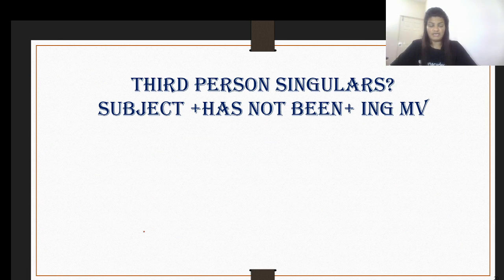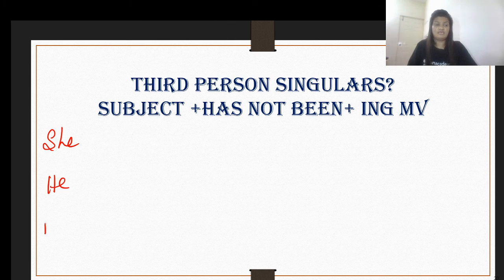Now let us move on and see what we are going to do with the subjects she, he, and it. How do we negate the actions in this? Well, with she, what did I say? We use has, right? Therefore, she has, he has, it has.